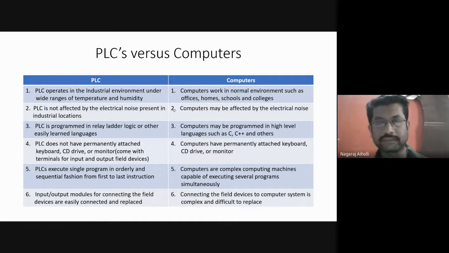It executes the first instruction, the second instruction, and so on up till the last instruction. Whereas computers execute instructions in parallel. Several programs can be executed simultaneously by the computer. I have given the example of the functions and the main program, with all instructions getting executed at the same time.